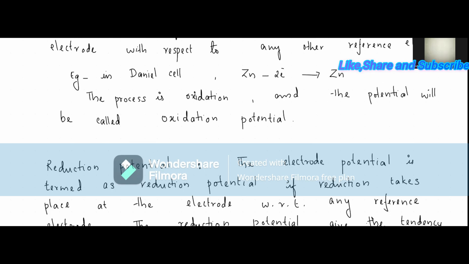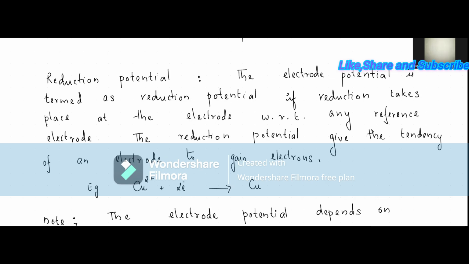Similarly, another type of electrode potential is reduction potential. Reduction potential is the electrode potential at the cathode, or the terminal where there is reduction. Electrode potential is termed as reduction potential if reduction takes place at the electrode with respect to any reference electrode.